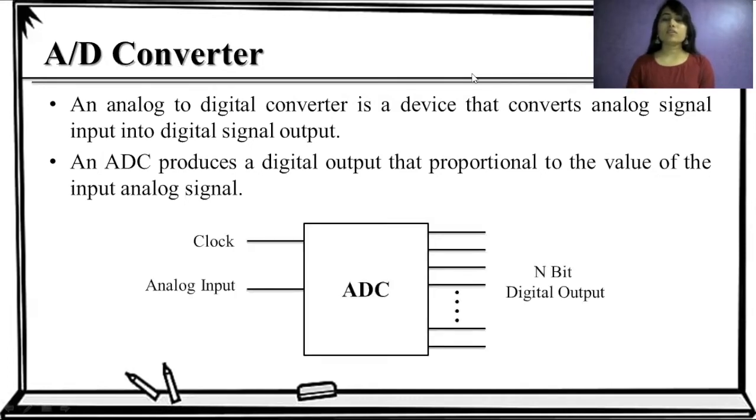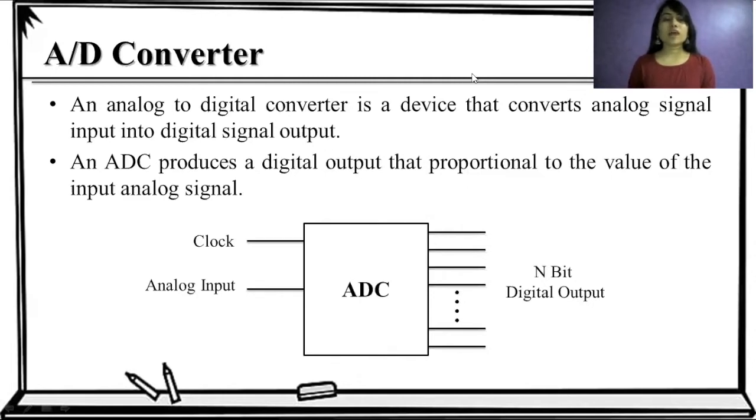Here we have a basic block diagram of an analog to digital converter. We have two inputs: a clock and an analog input. The analog input is the input used to convert analog information into digital form, and the clock is used for synchronization purposes.